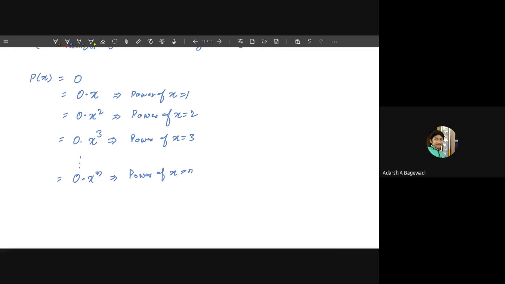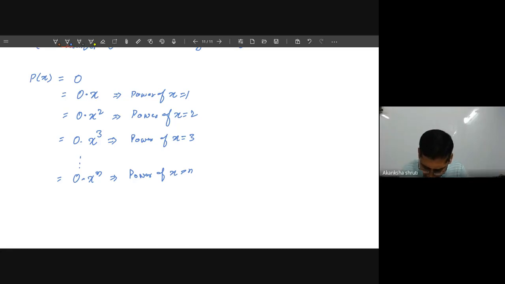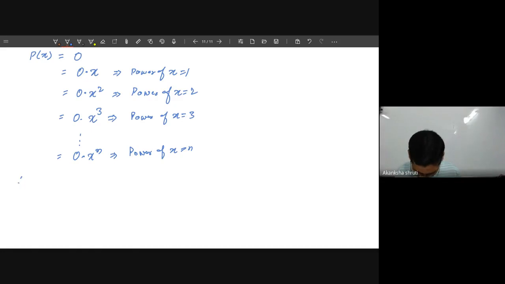So this 0 can be written for any power of x, which means the degree can be anything. So in all these cases, p(x) equals 0 can have x of any degree.